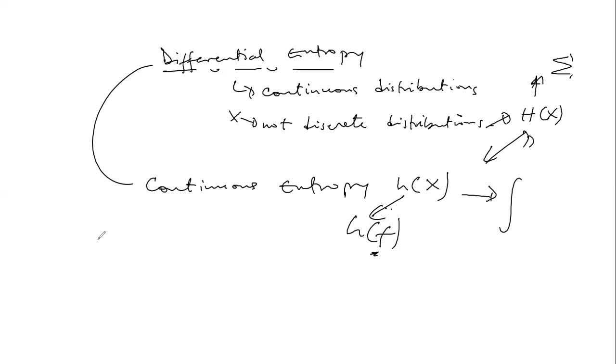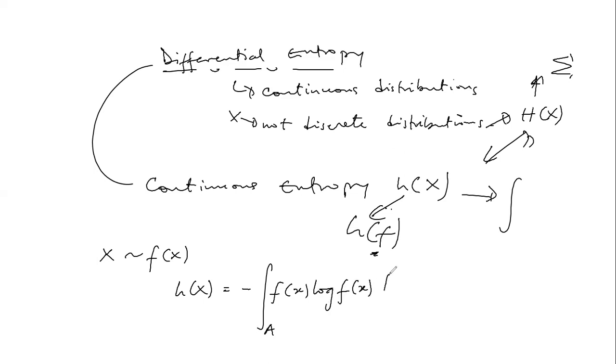The differential entropy of a continuous random variable x with density f of x is given as h of x equals negative integral over A, which is the support set of the random variable, of f of x log f of x dx.